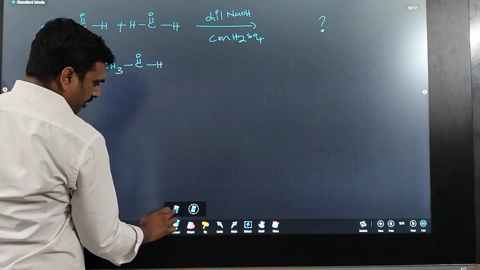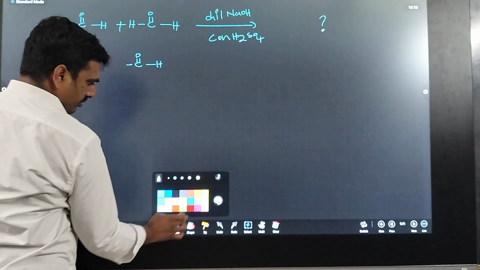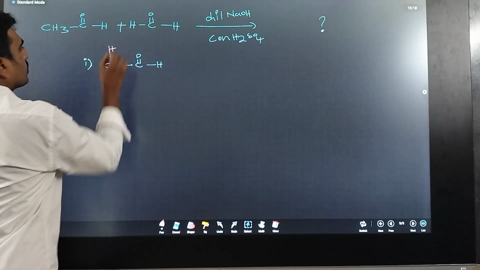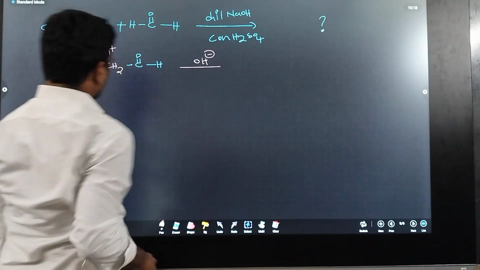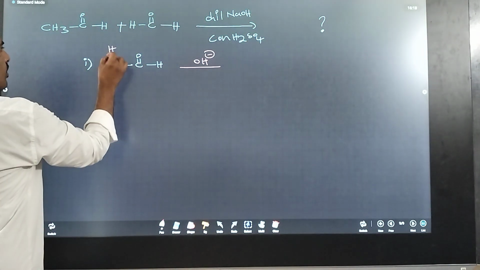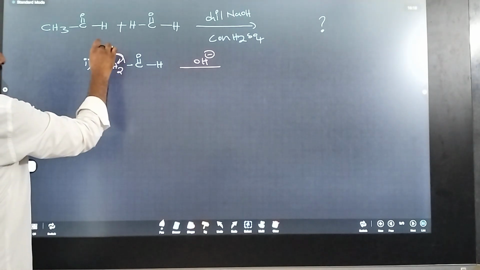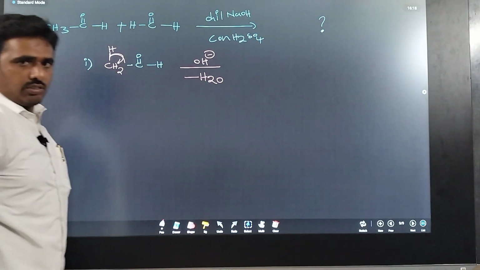So I can write another way, CH2 H. Generally the base OH minus can accept the proton from the alpha hydrogen. So electron displacement toward this carbon, hydrogen reacts with OH minus and is eliminated as a water molecule.